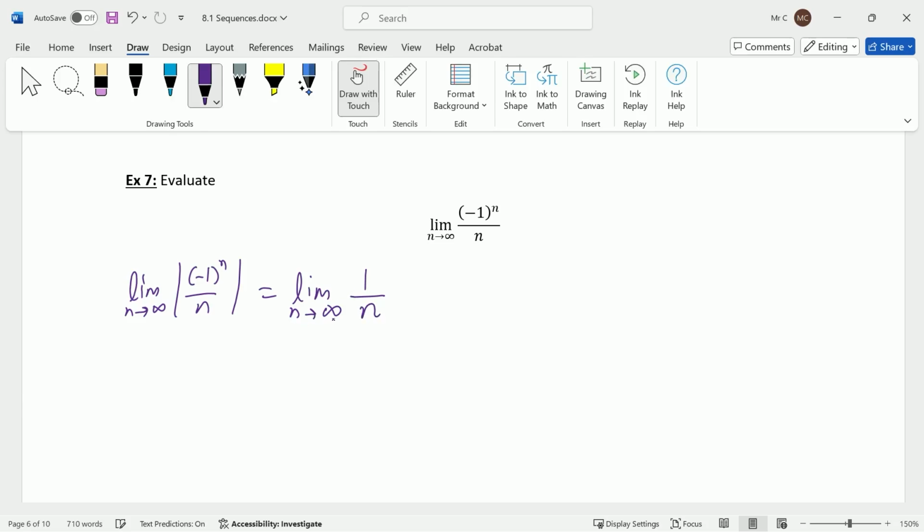And since n is approaching positive infinity, all of our n values are going to be positive. So this will be 0, and that implies that the limit as n goes to infinity of negative 1 to the nth power over n is also 0. And that's it.